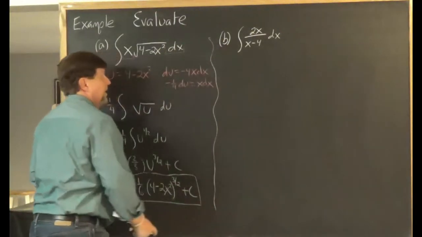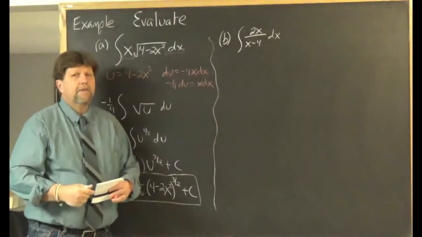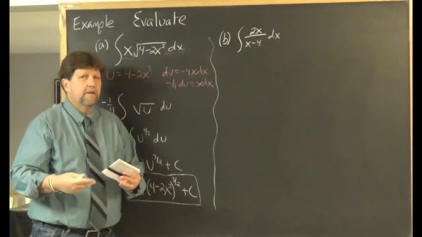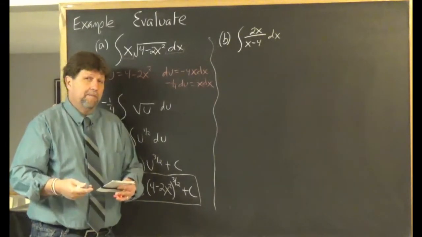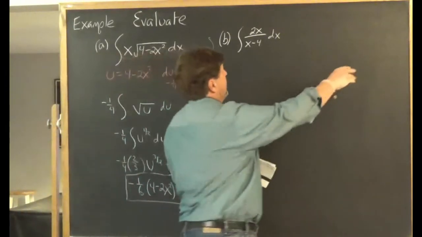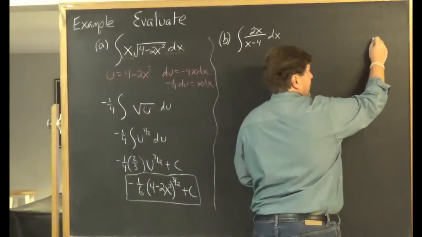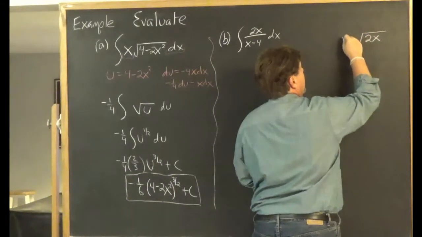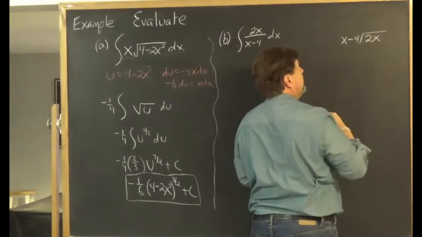Part B. Well, part B, I would start off by saying, hey, 2x over x minus 4, that kind of looks like it's improper, so maybe I'll start by doing polynomial long division. So let me come over here to do the polynomial long division. 2x divided by x minus 4.